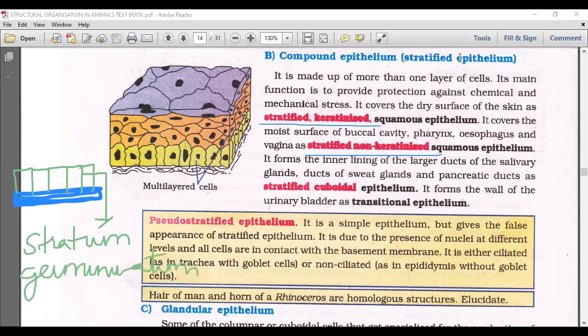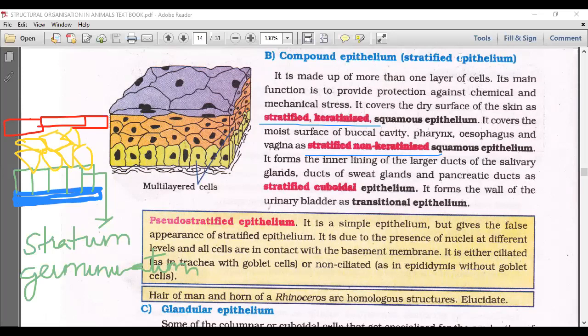This germinal epithelium is going to produce cells continuously. Whatever cells are produced here, we call them polyhedral cells. These polyhedral cells, when they move up, become squamous. Hence, we call it stratified squamous epithelium.